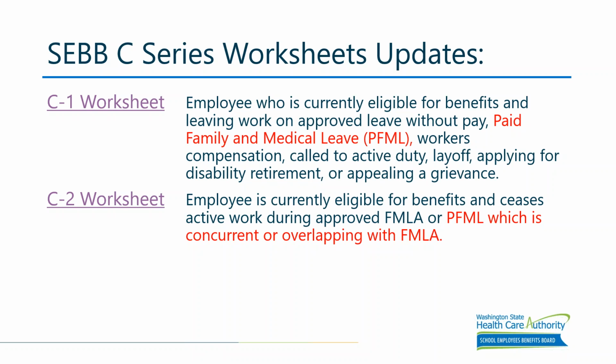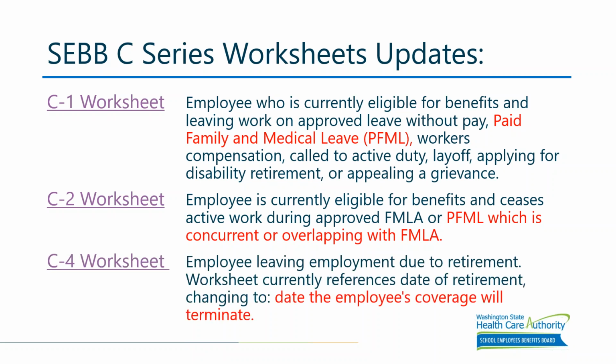As long as they run concurrently or overlap with at least 1 day, the employee does remain eligible for the employer contribution towards their benefits. So they have to be concurrent or overlapping with that FMLA, and they will remain on benefits eligible for the employer contribution. So these updates haven't been made in the worksheets quite yet. We are waiting for that to happen, and once they are updated, they will be on the website.